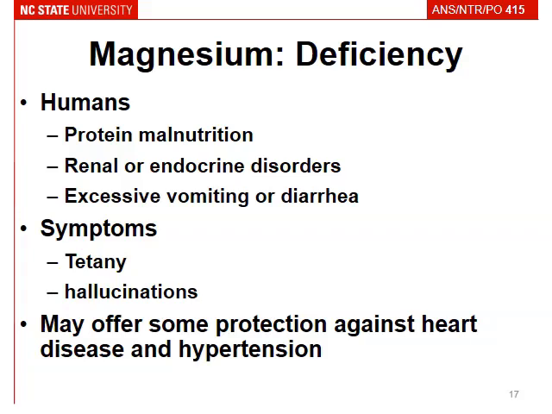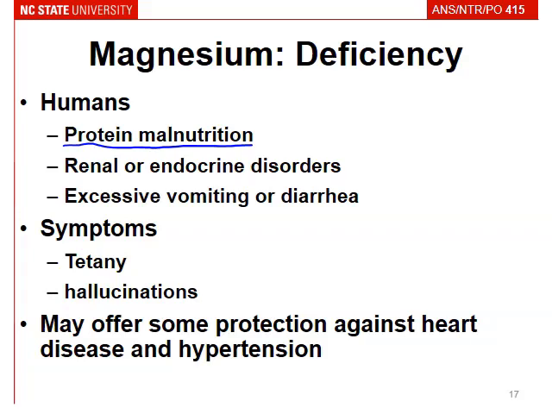So our deficiency in humans is typically associated with protein malnutrition. One of the take-home messages with this class is that very rarely are we going to have, in a free-living animal, a one nutrient deficiency. So, magnesium is high in meat. If we're low in protein, we have inadequate protein, we're more prone to have magnesium deficiency.